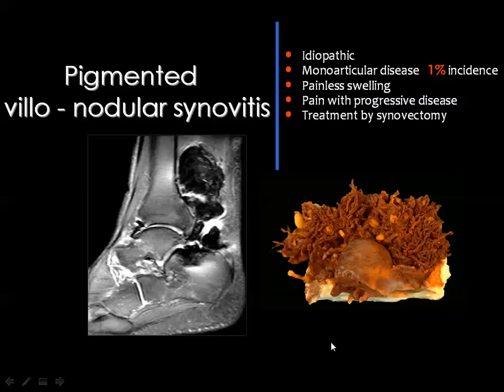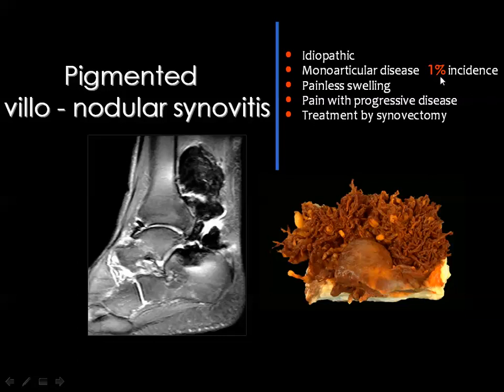Then we have some of the issues that have been discussed previously in many topics, in the topic of polyarthropathy and in the knee, and maybe in different joints, and this is pigmented villonodular synovitis. This is an idiopathic disease of unknown etiology.